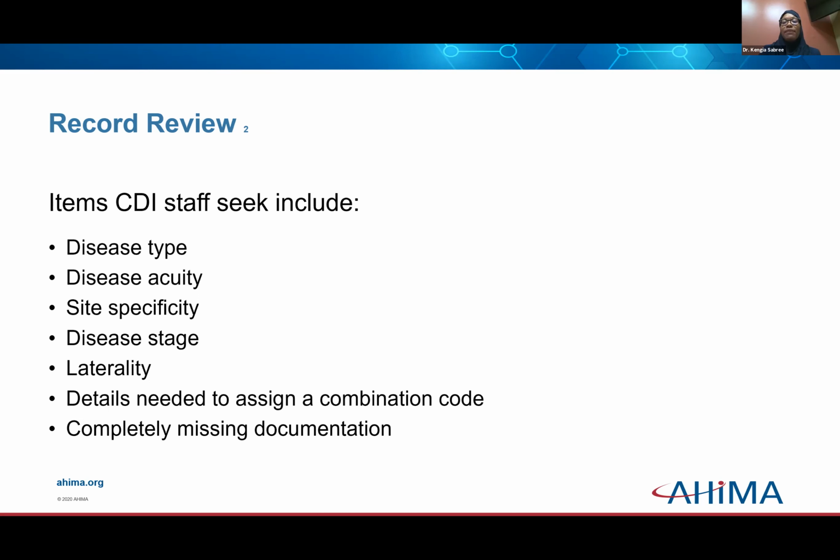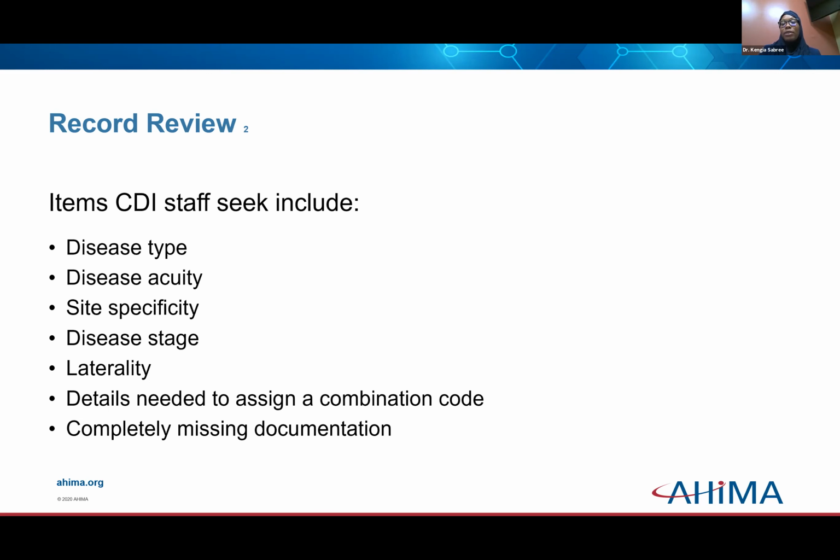So the inclusion of descriptors is needed for the most accurate code and often needed before any code can be assigned. Is the fracture traumatic, pathological, or is a tumor malignant or benign? Disease acuity: is the disease chronic, acute, or subacute?